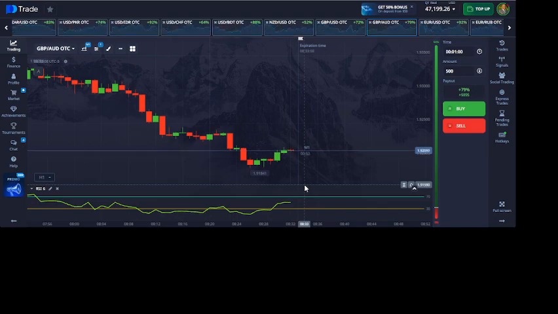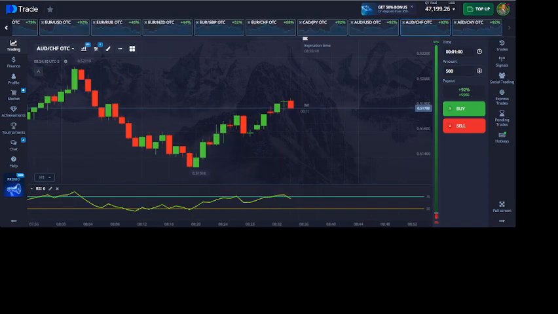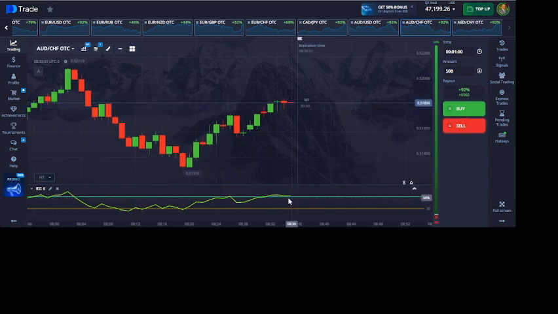All right. So I'm going to pause the video and look for the next setup. Okay. So I'm on the Aussie dollar Swiss franc currency pair, and I'm waiting for this candle to close below the RSI line here. No, you see that? It didn't close, so I didn't take the trade here. So let's monitor this.